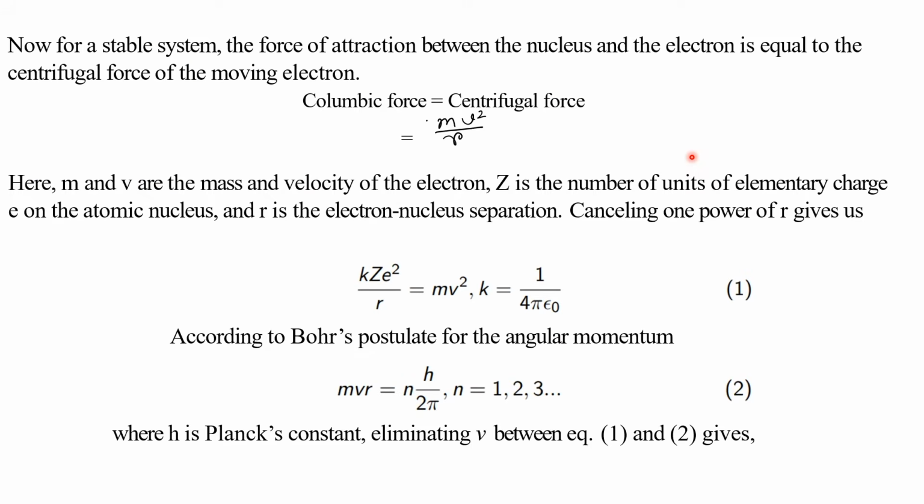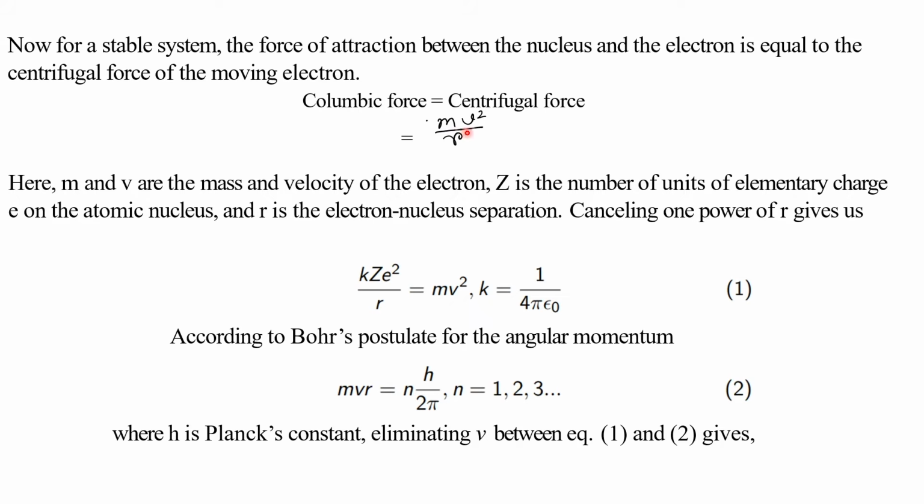Now for a stable system, the force of attraction between the nucleus and the electron is equal to the centrifugal force of the moving electron. If there is no rotation of the electrons, then those electrons will fall on the nucleus, and the atom will be unstable. So this Coulombic force has to be balanced by this centrifugal force.